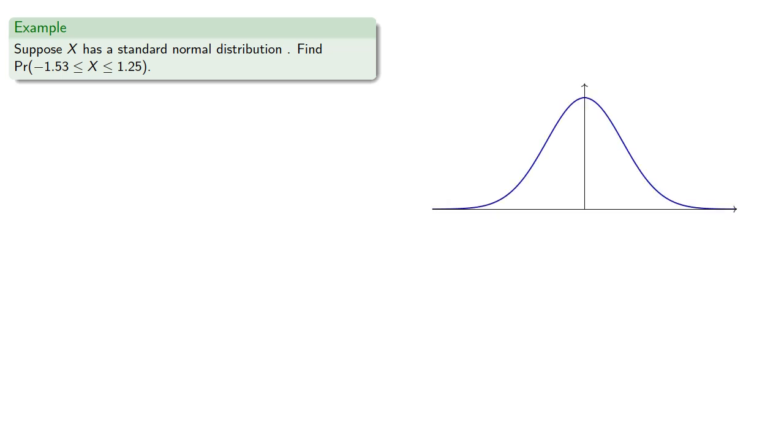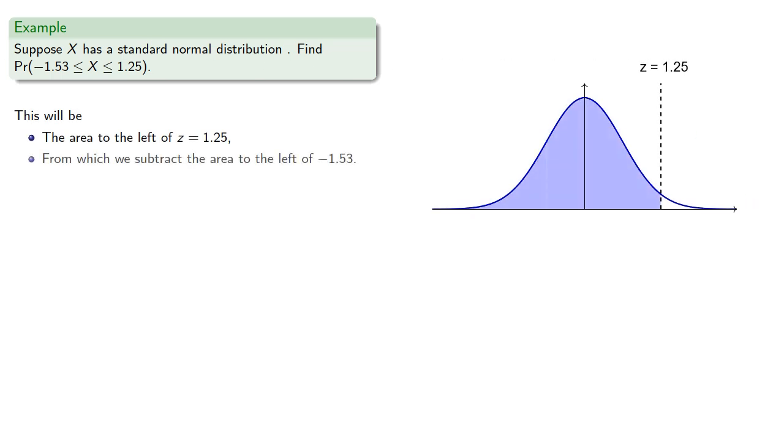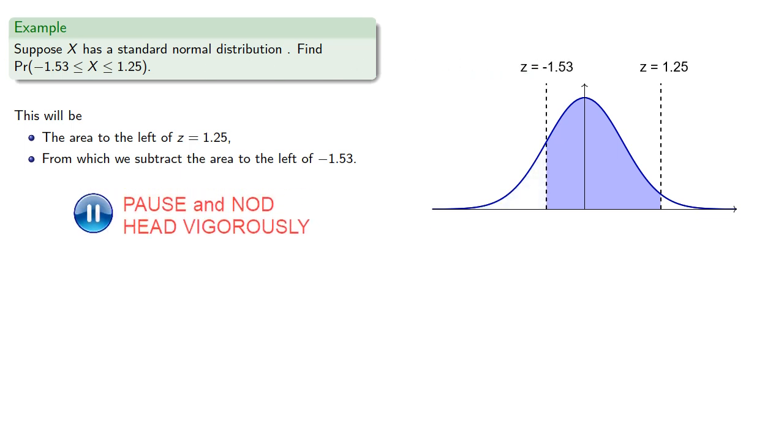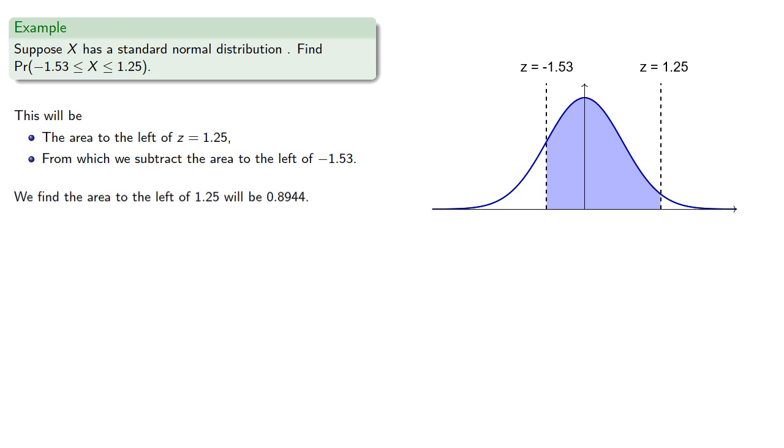So this probability will correspond to the area to the left of 1.25, from which we subtract the area to the left of negative 1.53. We find the area to the left of 1.25 will be.